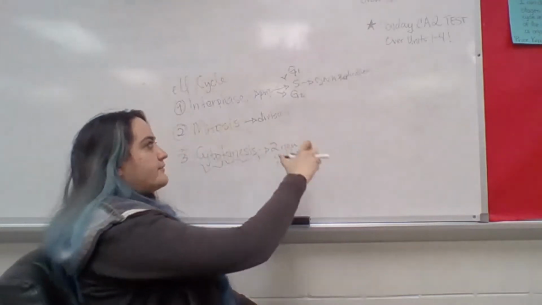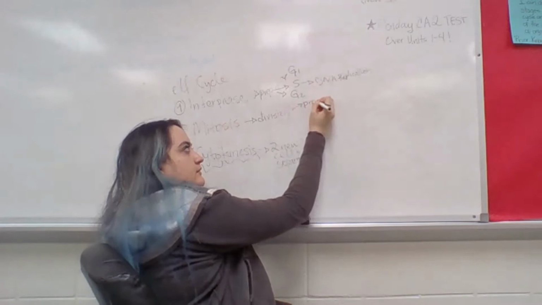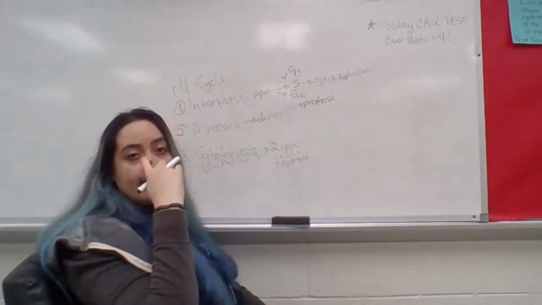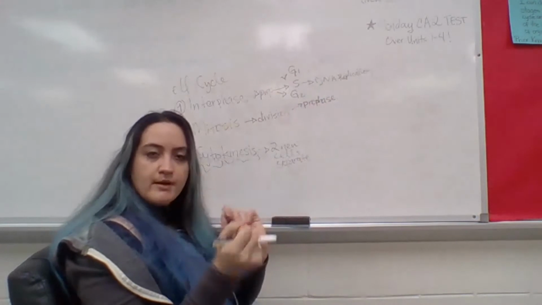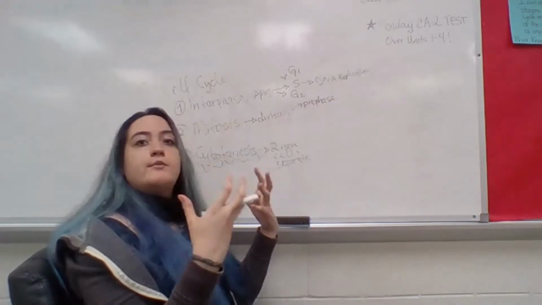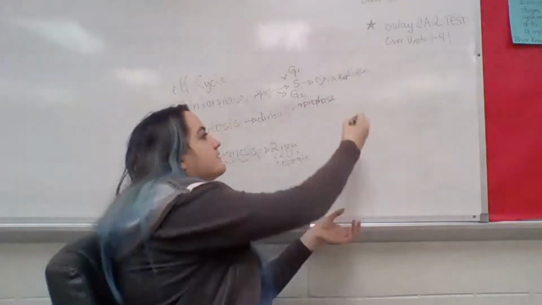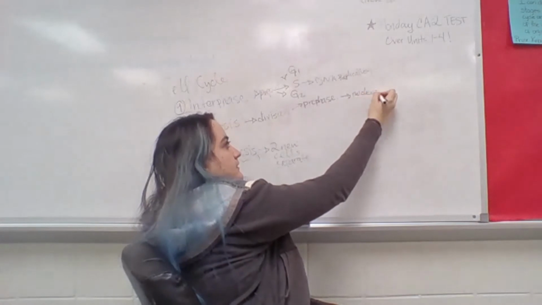So during mitosis, our first step is prophase. During prophase, we have the nucleus membrane disappear. So we no longer have a nucleus. The DNA will now be floating freely in the cytoplasm. So prophase, we get rid of the nucleus.